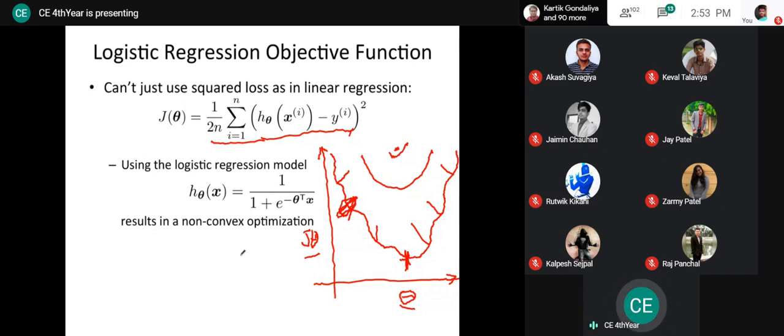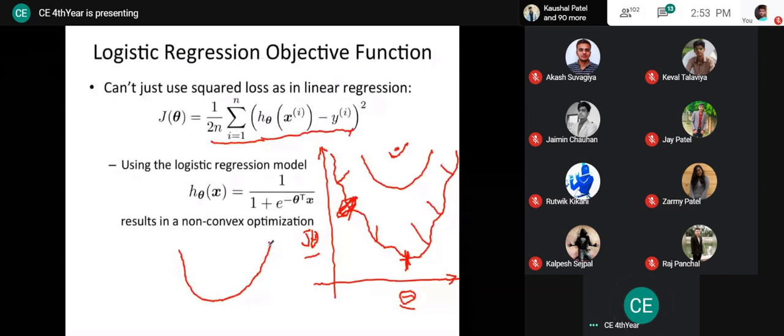So we need some other loss function which gives us a convex graph, a graph which might look like this. Due to that reason, we need to update that j theta function too. And for that, the logarithm will be helpful for us.